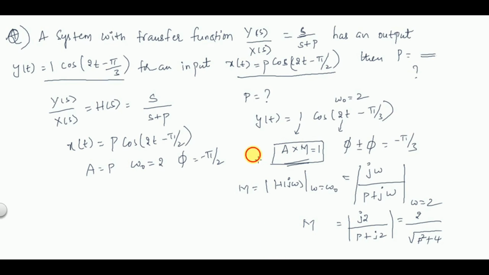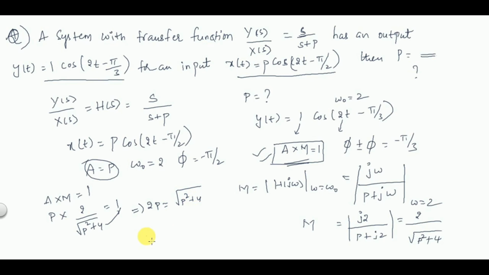And from this equation, A into M is equal to 1. What is the A value? A value is p, so p into M, which is 2 by root of p square plus 4, is equal to 1. So 2p is equal to root of p square plus 4. Squaring on both sides, we get 4p square is equal to p square plus 4.